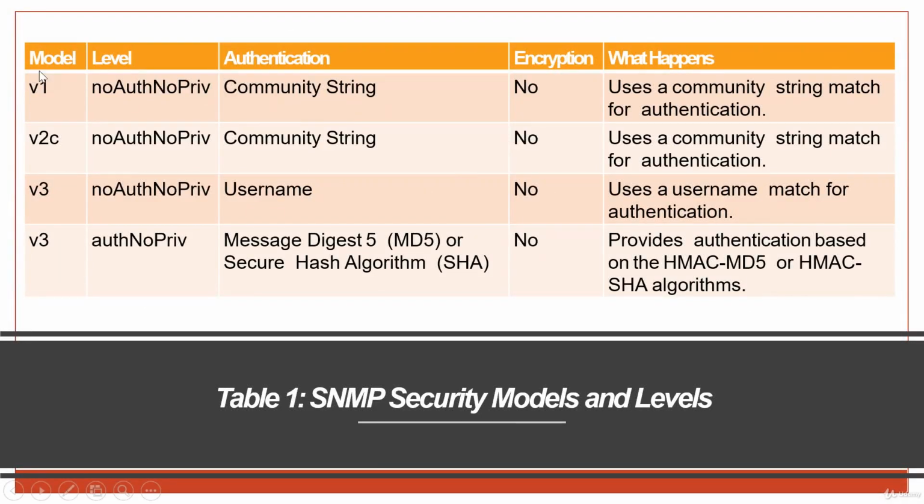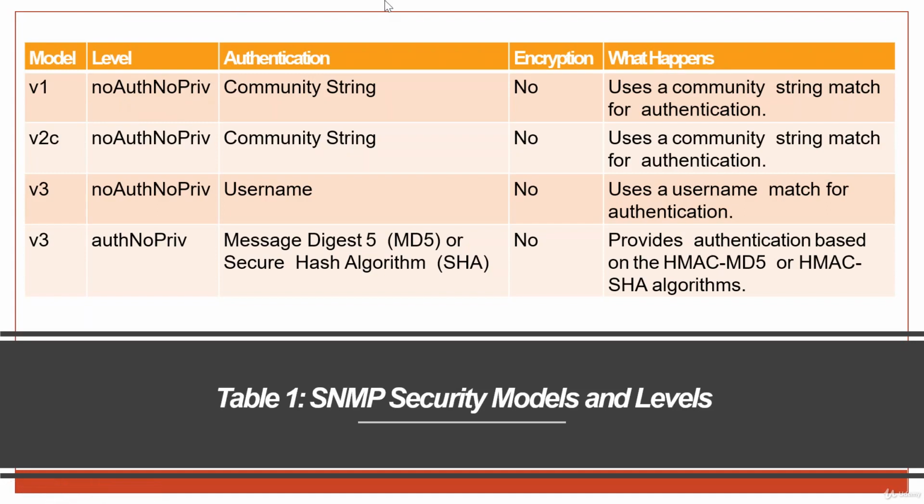Here you can see that we have model, level, authentication, encryption, and what is going to happen. Now, version 1 and 2C, we know that they are community based, so that's why we have the community string for authentication, but they are no auth, no priv.